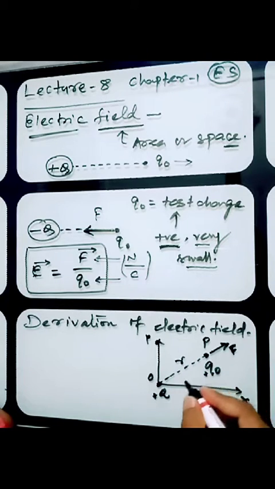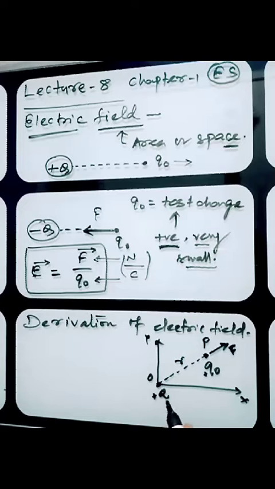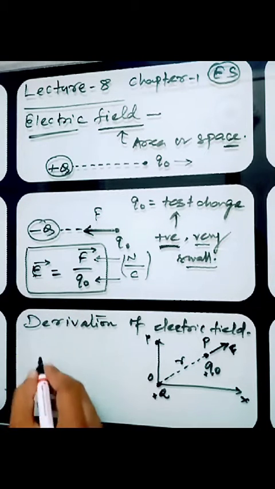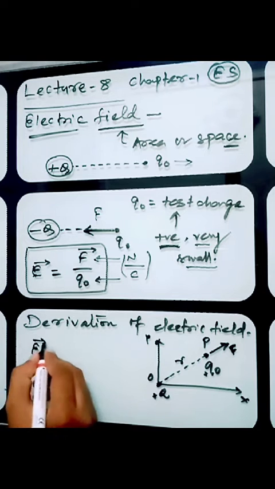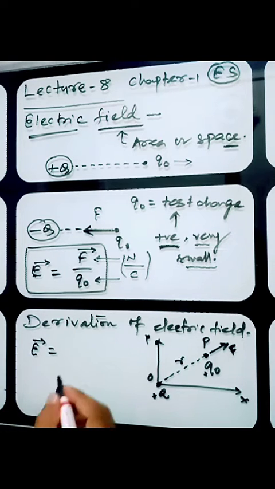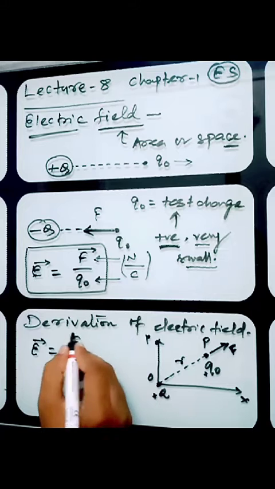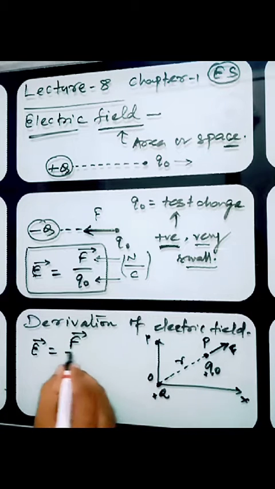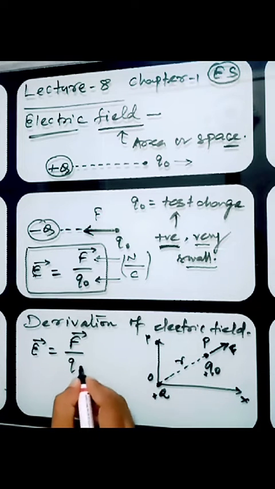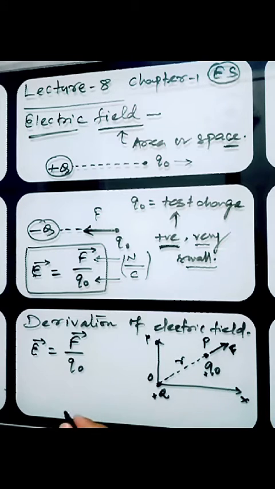Suppose the distance is r from the point charge for which we have to find the electric field. So according to the definition, students, the electric field is nothing but the force between these two charges per unit test charge, because we have to find the electric field here at point P.